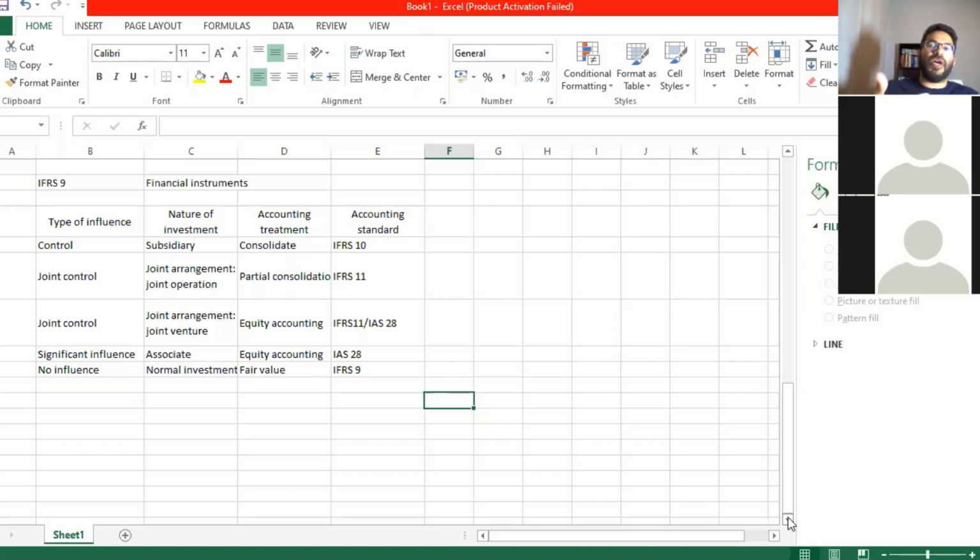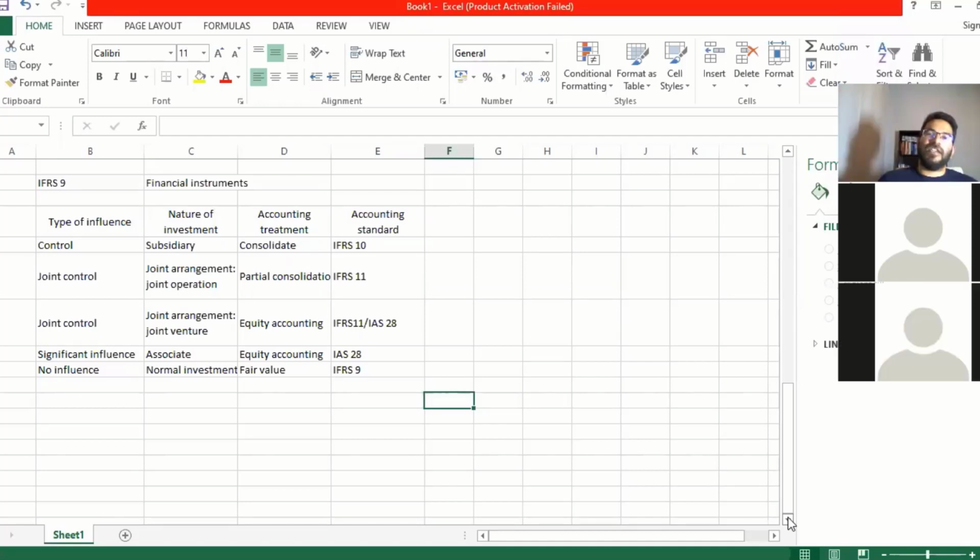So you need to think beyond the way UNISA tests. And more important than the ITC exam, when you go to the real world, you're going to need to know how to deal with a group accounting question. If you're in audit, you can't tell the partner or the manager, or if you're a financial accountant, you can't tell the finance manager or the FD, that this is not covered at UNISA. Okay, so just keep that in mind.